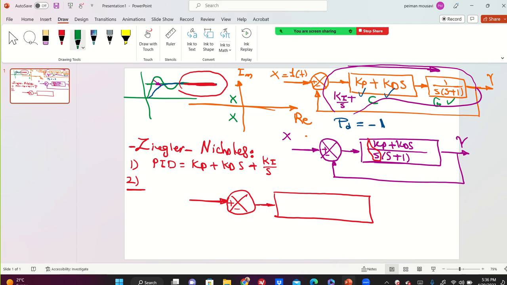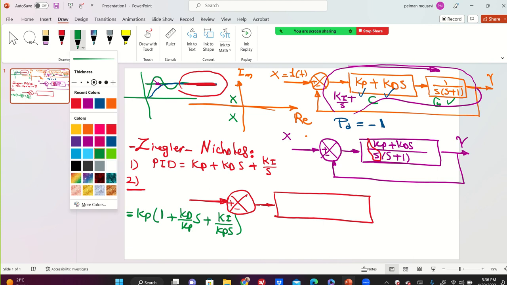Now, if I factor out Kp, it can be 1 plus Kd over Kp in s, plus Ki over Kp over s.